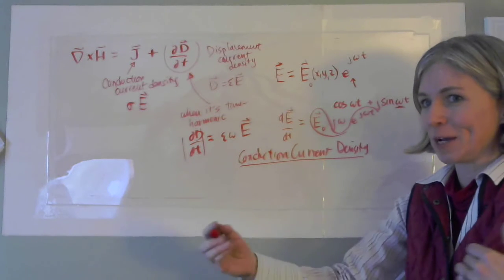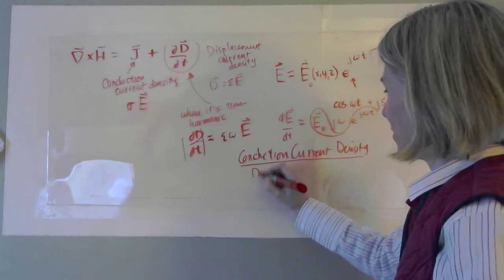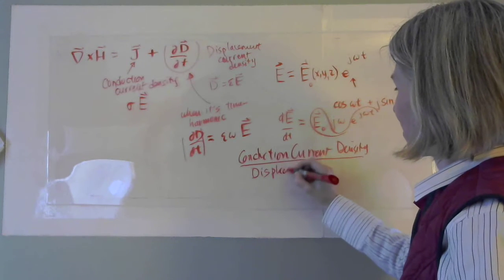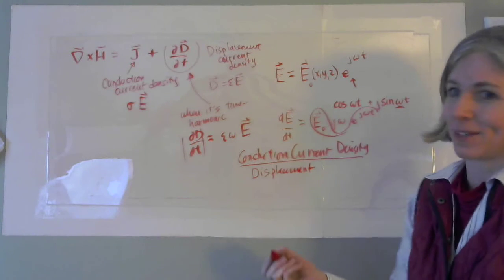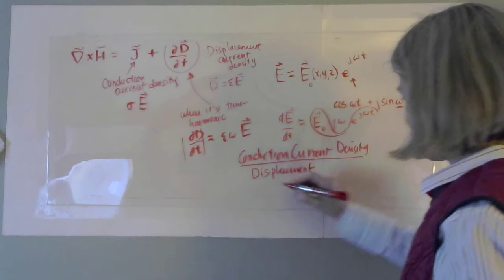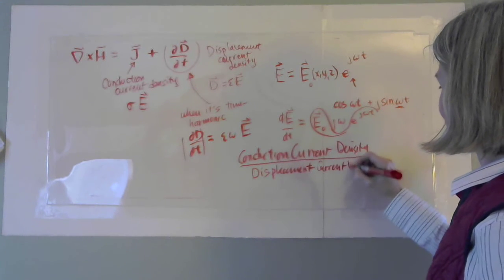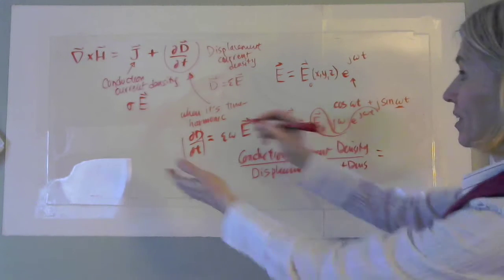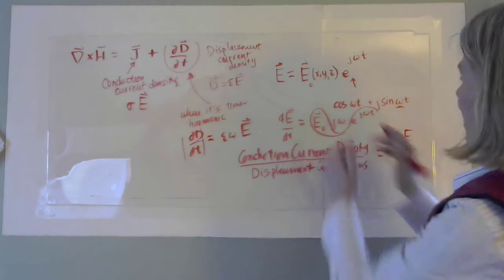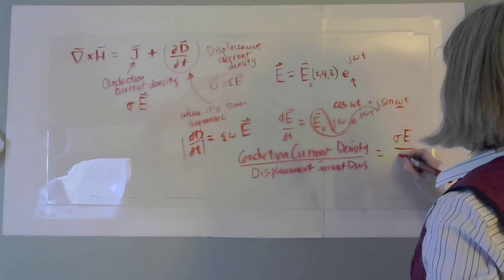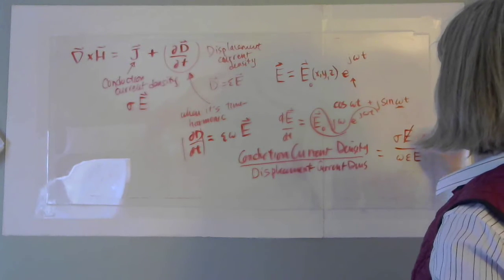Is something that's charging up and maybe it's changing, maybe it's got an AC signal on it. And displacement current density is 0 when you have DC, as we used to have when we had electrostatics world. The ratio of conduction to displacement current density is going to be sigma E over just the magnitude of this thing, omega epsilon E, and those E's are going to cancel out.